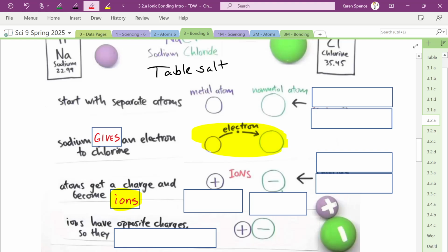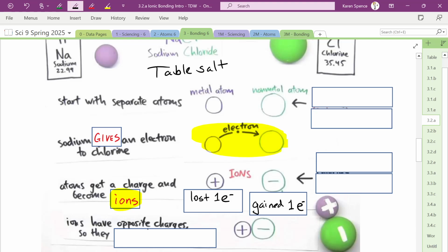Okay, and this one is named sodium. What should I be writing under there? It should say lost one electron, right? Lost one electron, whereas this guy gained one electron.